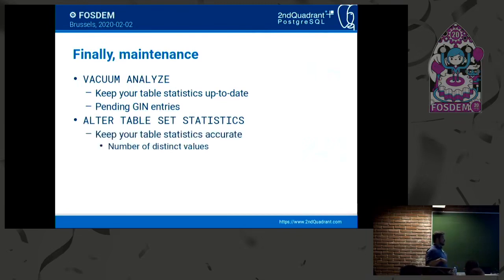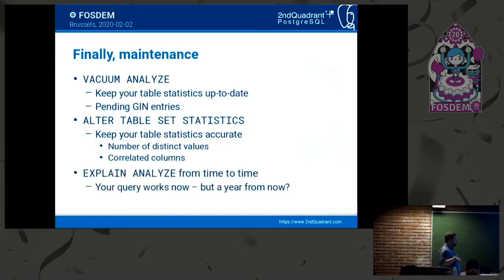You need to keep them accurate by number of distinct values if you know them, by setting correlated columns that influence the results of your searches. And you do need to run EXPLAIN ANALYZE from time to time, because you don't know that the query that works perfectly now will work in a year's time or not. And maintenance_work_mem, because we're talking about huge index creation times here, is very significant, especially for GIN indexes.